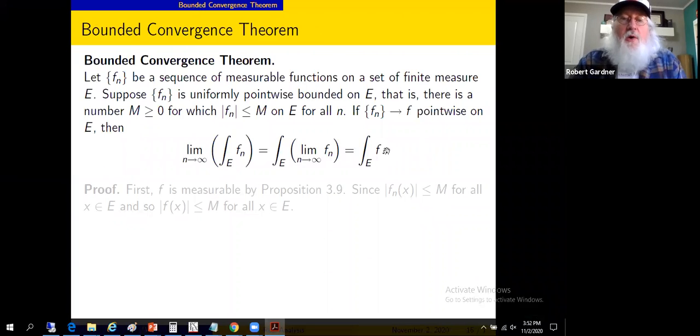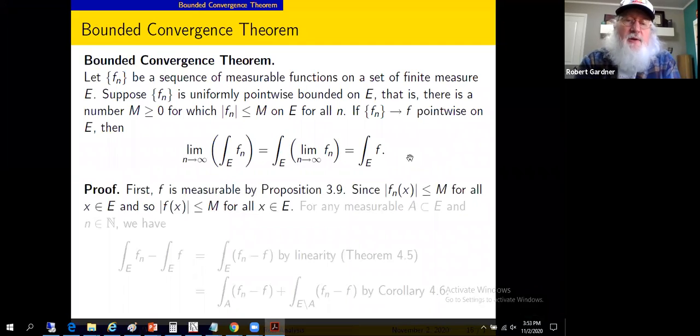Okay, so uniform pointwise bounded, pointwise convergence gives us a convergence theorem. First, function f is measurable. A pointwise limit of measurable functions is a measurable function. So f is measurable since it's a pointwise limit of the f sub n, given there.